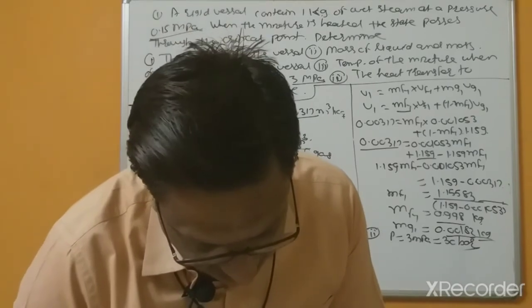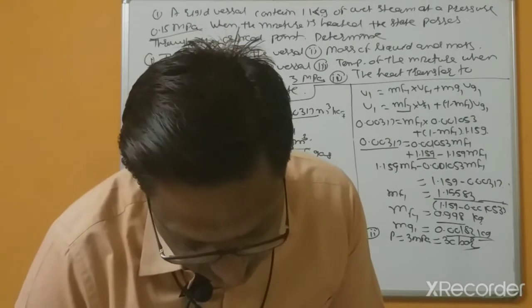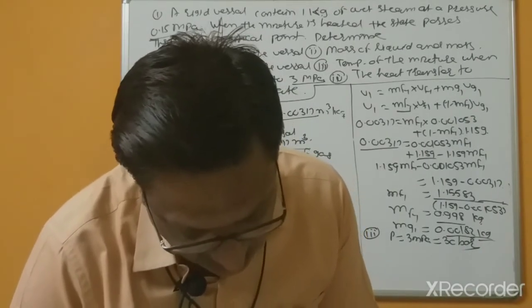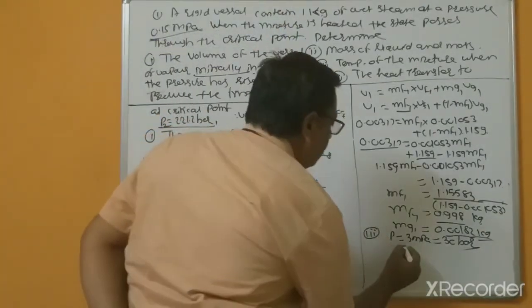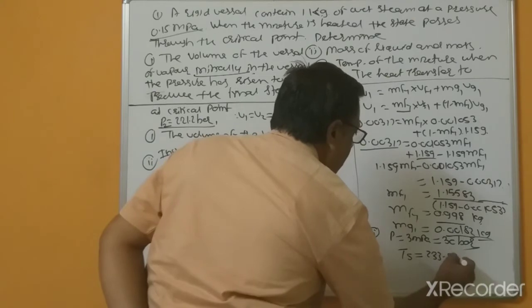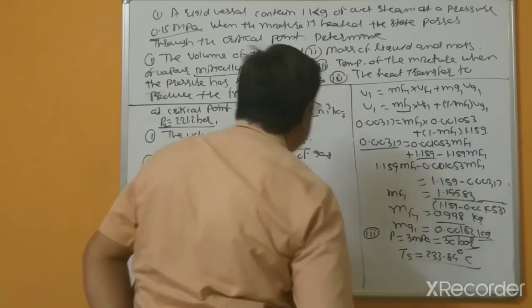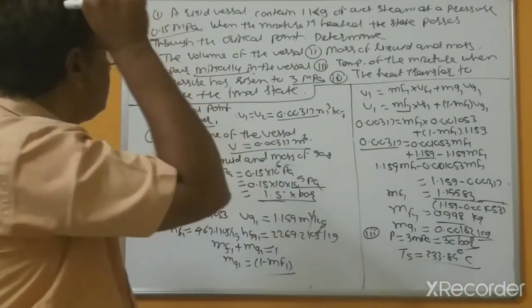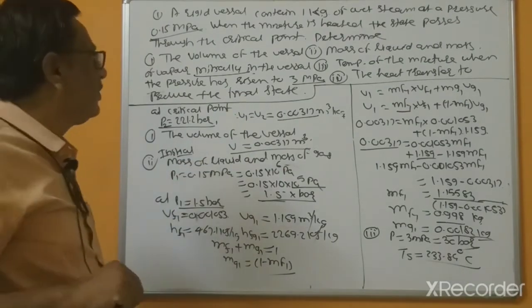Second table, 30 bars, temperature is equal to 233.84 degree centigrade. This is the temperature.